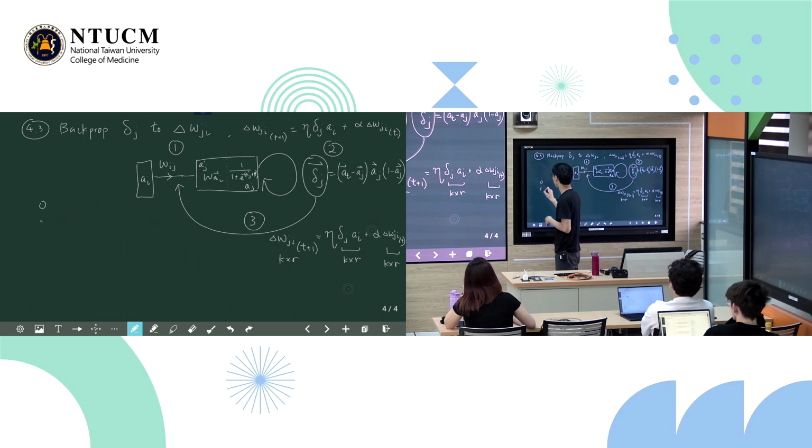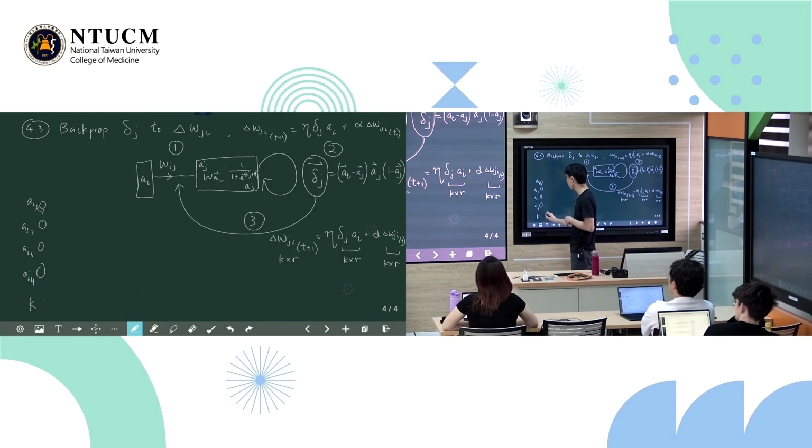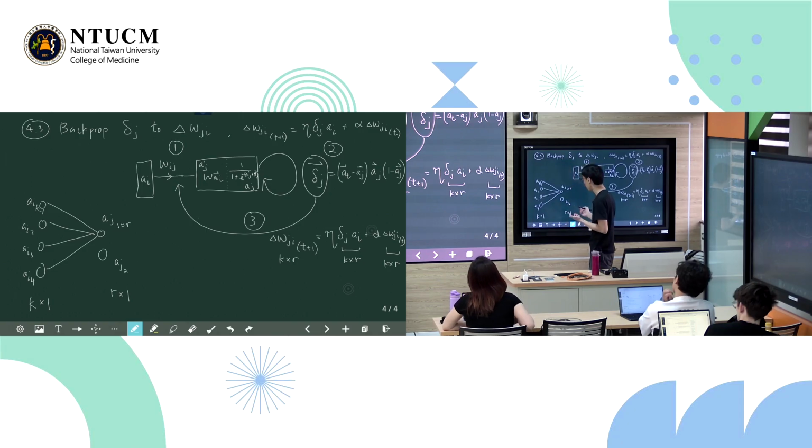Okay? Let me draw it out another way. So this is AI, K equals 1. Okay, AI 2, AI 3, AI 4. So these are K units, K by 1, or 1 by K, all right? And if I assume no hidden layers, AJ1, AJ2, all right? R, where R is, this is R. R1, R2.